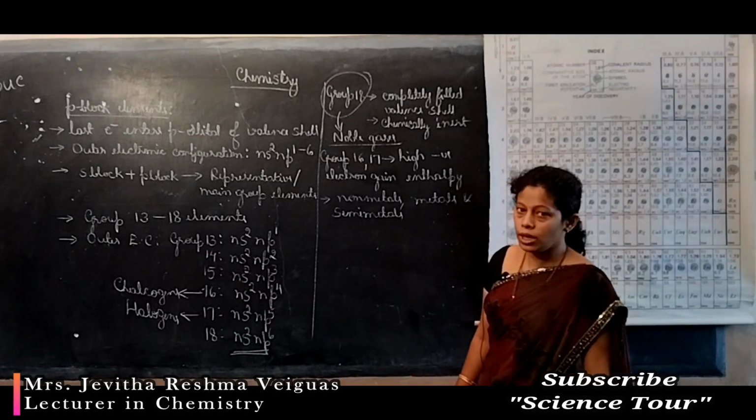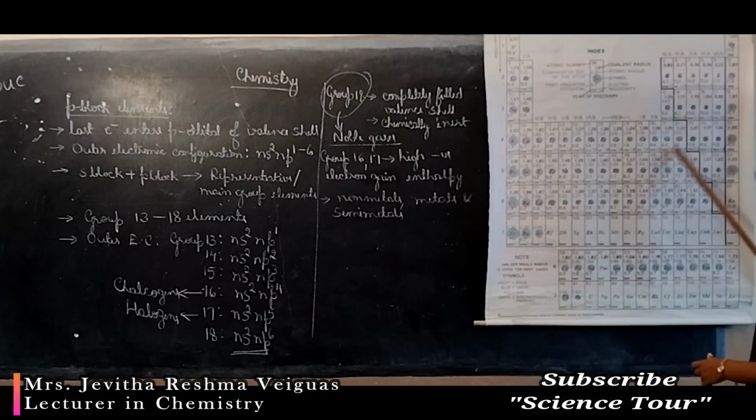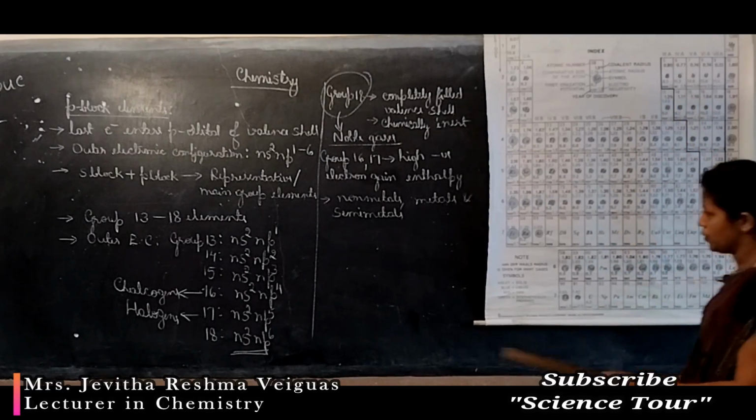Now in the case of p block elements, as you move down the group, metallic character increases.